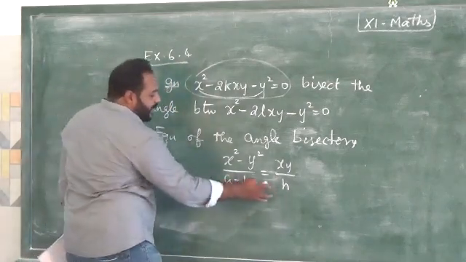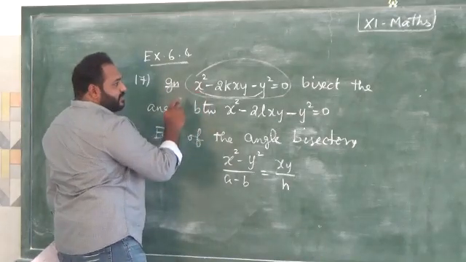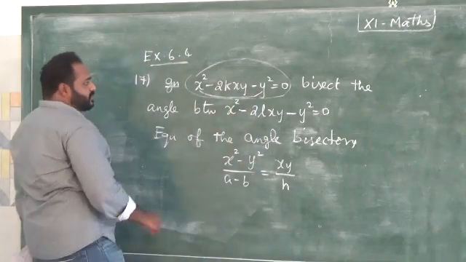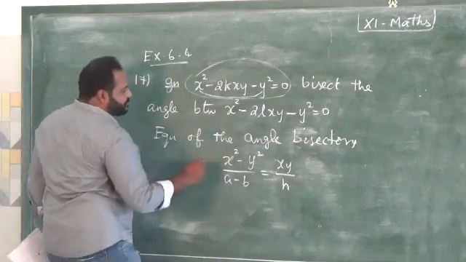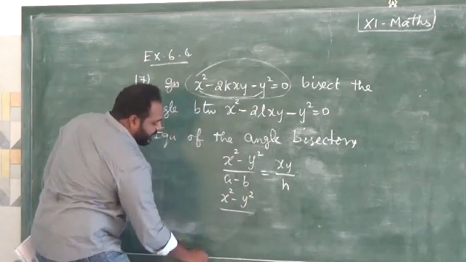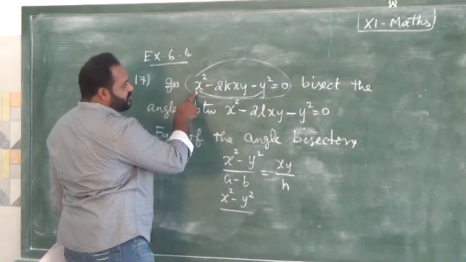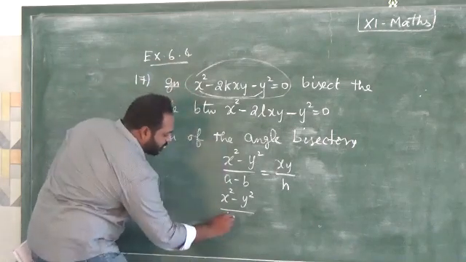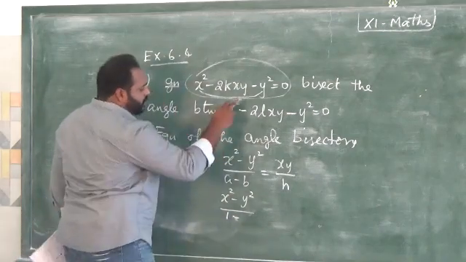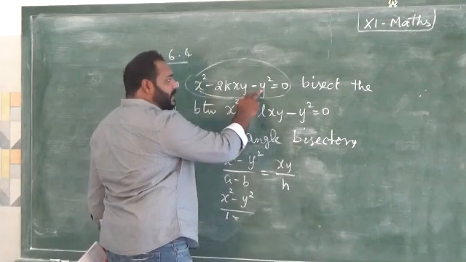So, a, b and h values will be taken from the equation x square minus 2kxy minus y square equal to 0. Here a value is the coefficient of x square, which is 1. b value is the coefficient of y square, which is minus 1.